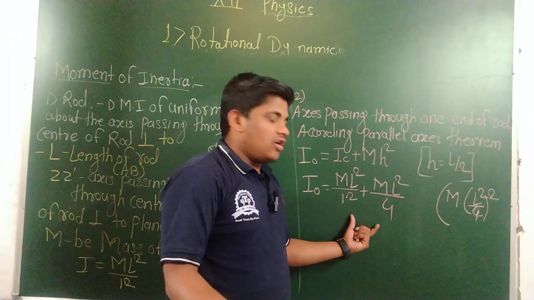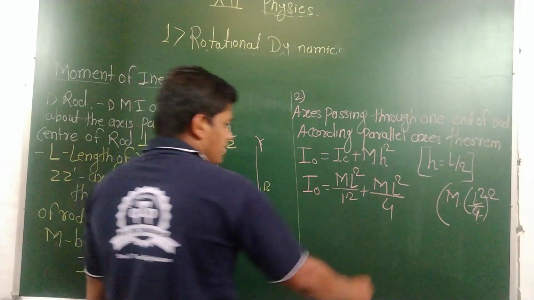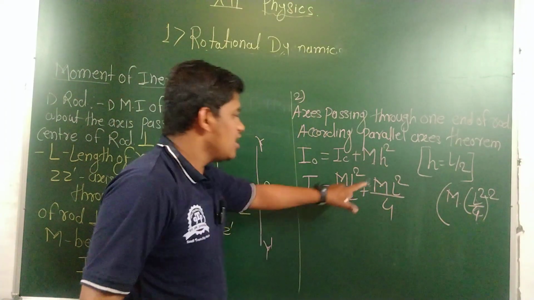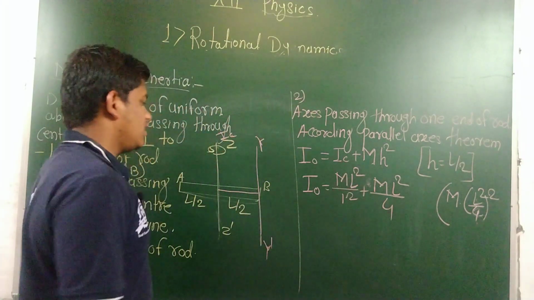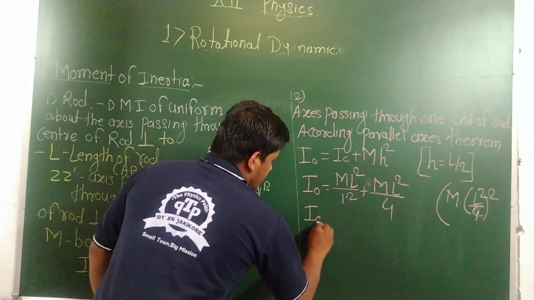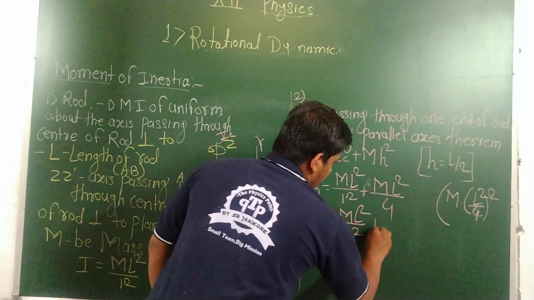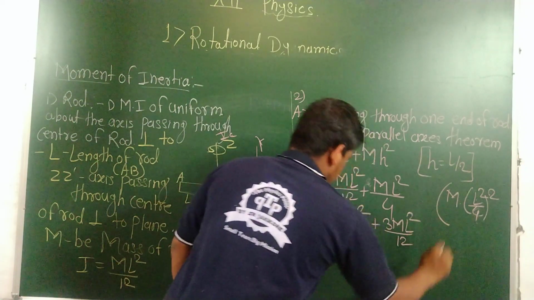For equality of the denominators, we multiply the second term by 3. If we multiply numerator and denominator by 3, 4 times 3 is 12. Then I of 0 is equal to ml square divided by 12 plus 3 ml square divided by 12 also.